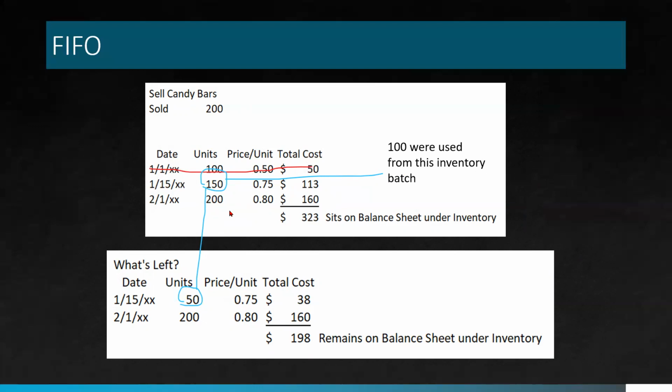And then my entire 200 purchase from February 1st at 80 cents was not touched because this is FIFO, first in, first out. So that remains on the balance sheet. 200 candy bars at 80 cents, that's $160. So $198 remains on the balance sheet, whereas 125 was moved over to cost of goods sold.